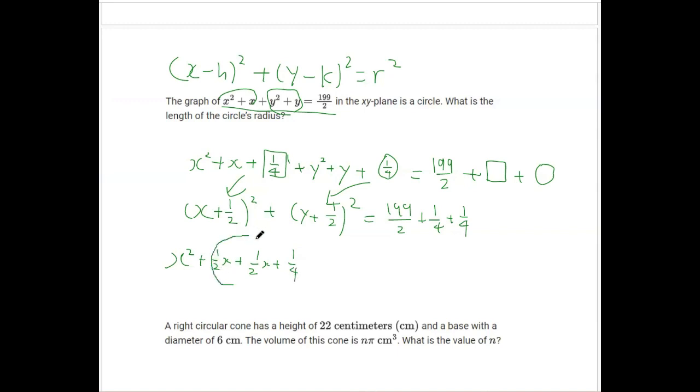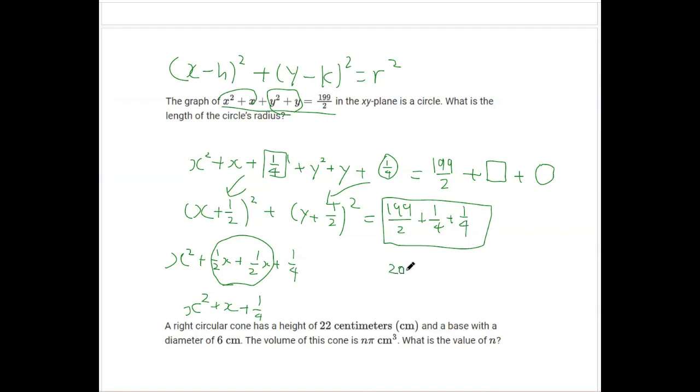And if I add these two, this becomes x squared plus x plus 1 over 4. Same for y. So that is why I can now determine what this is. We know that 1 over 4 plus 1 over 4 is 1 over 2.